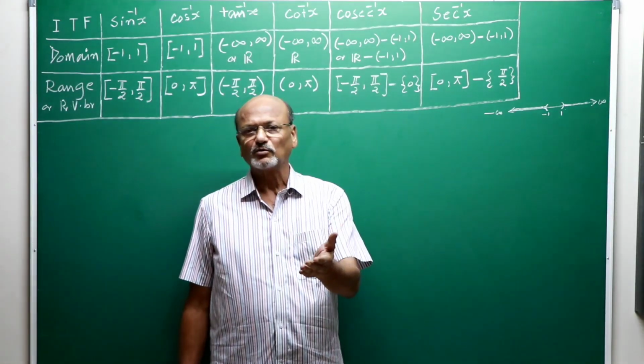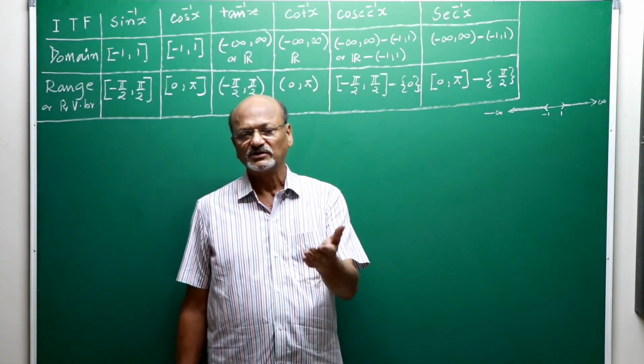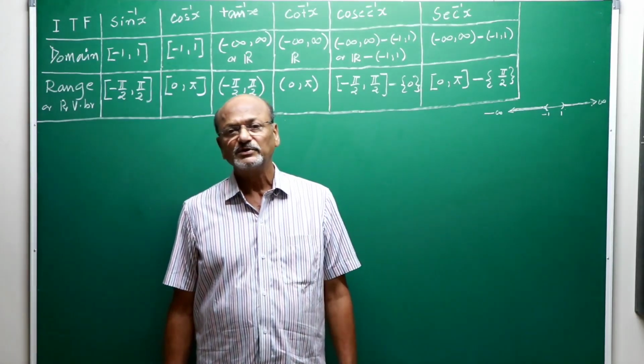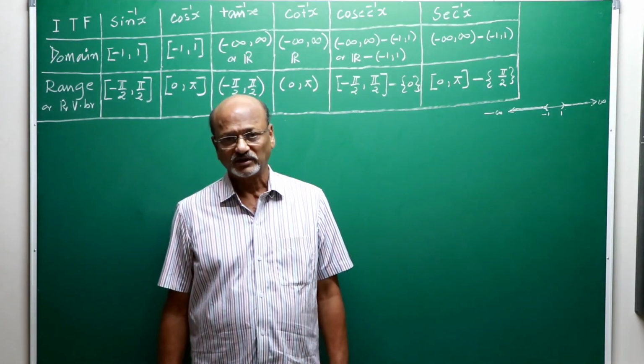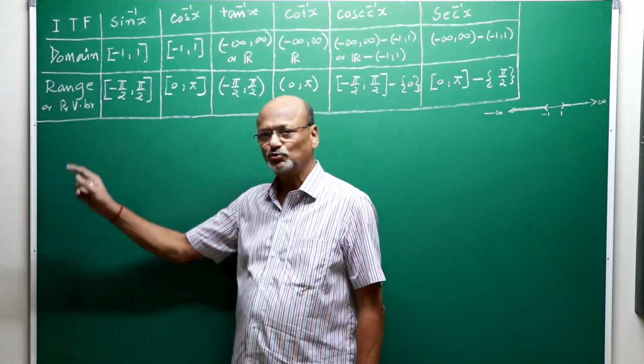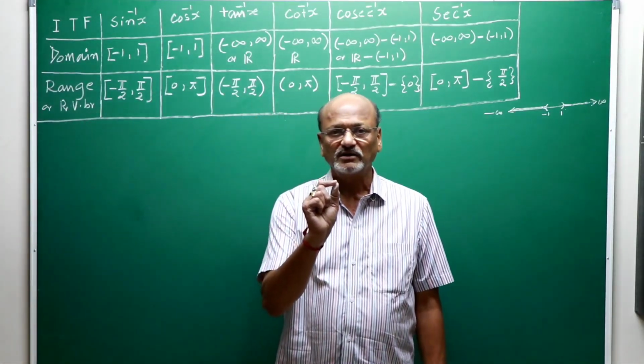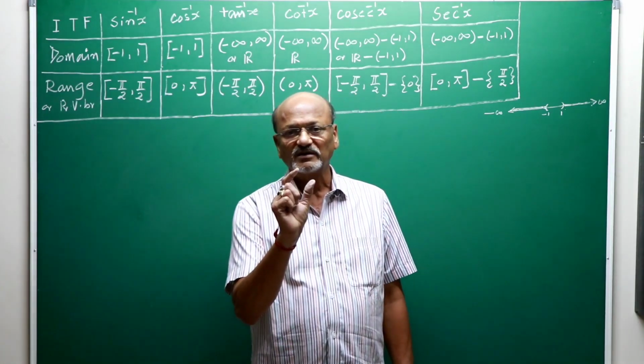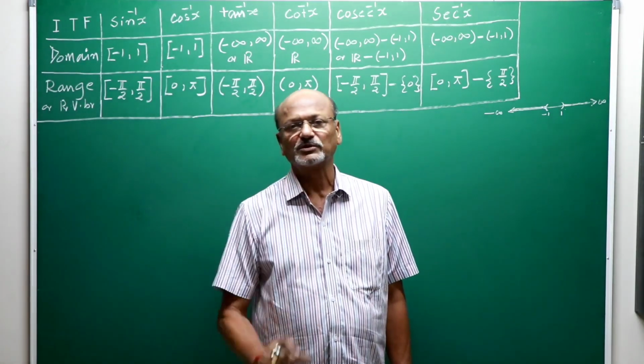In one model question paper, instead of domain and range, principal value branch was mentioned, which is why I mentioned it here. Understood?